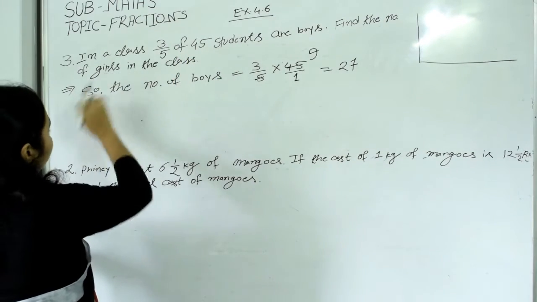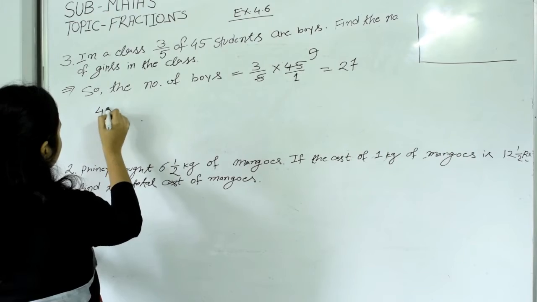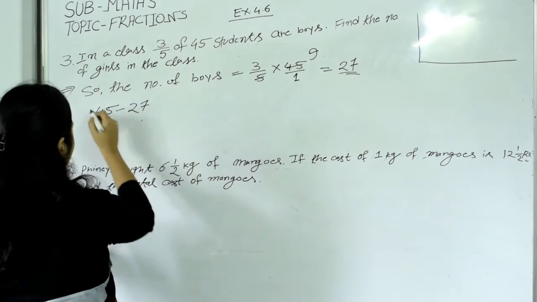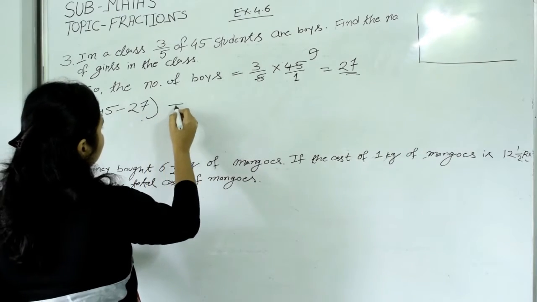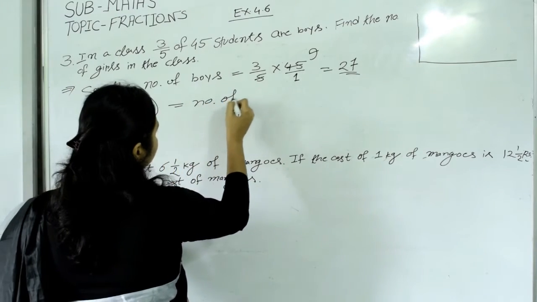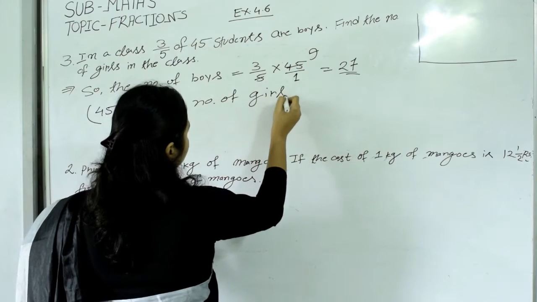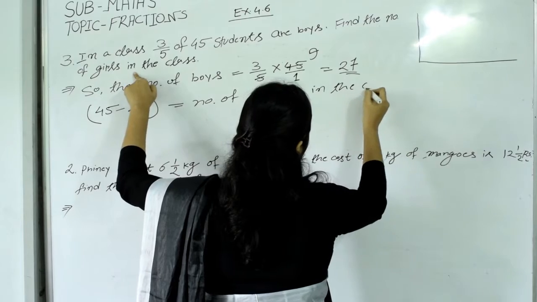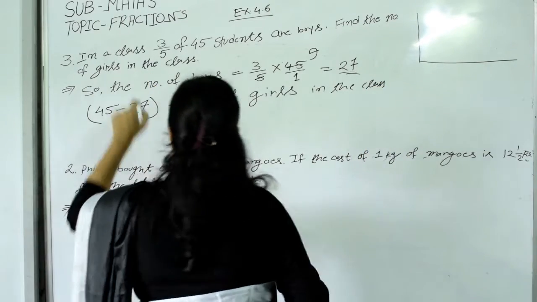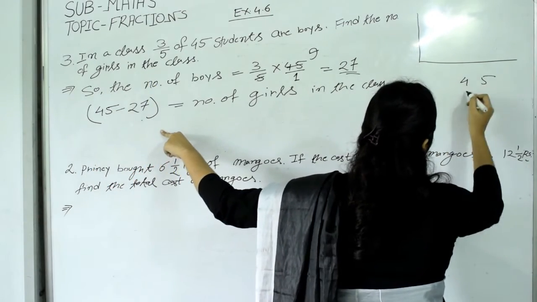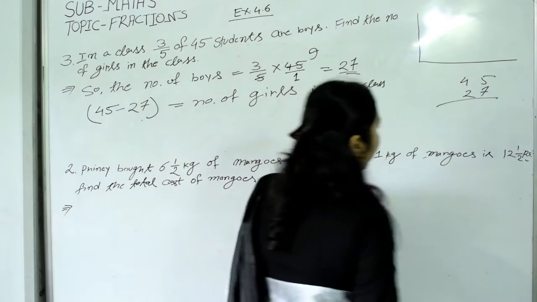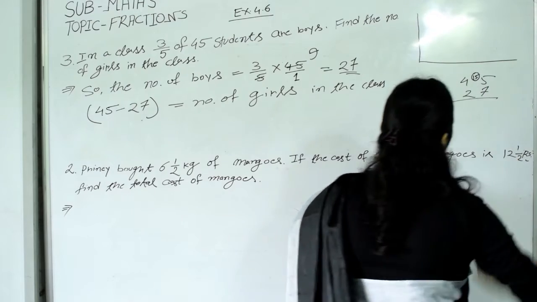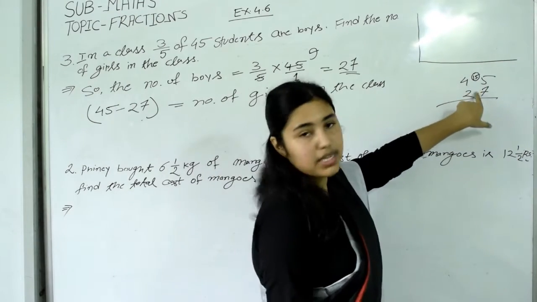Okay? And the total number is 45. So the number of girls, just subtract 27 from 45. This is the number of girls in the class. Now subtract 27 from 45. Consider here 15 because 5 is less than 7.